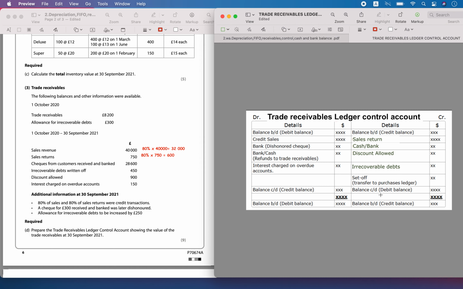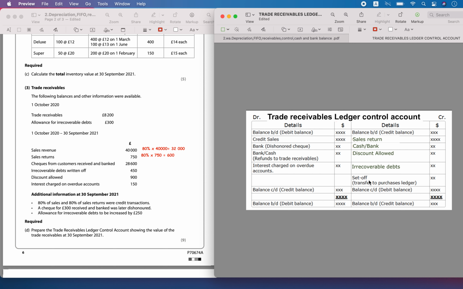Now, for the trade receivables ledger control account, this is how the format looks. You will have the debit balance and the credit balance if it is given, and then some credit sales happen, some sales return could happen. Then you include the cash in the bank which is received from the customers.